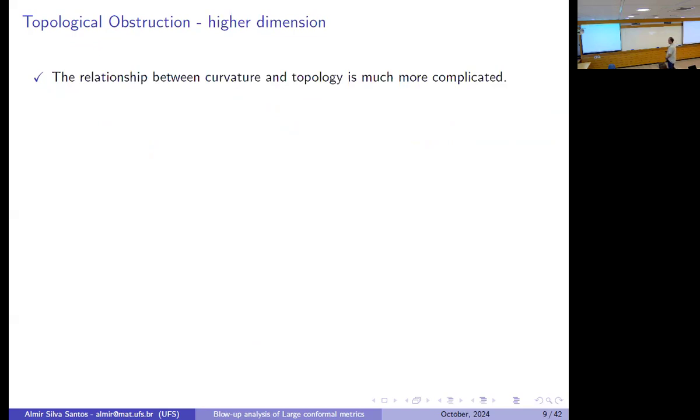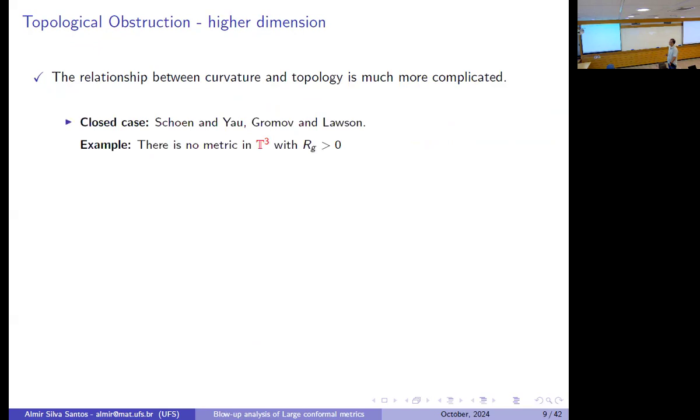In high dimension, the relationship between topology and geometry is very different. It's difficult to identify this relationship, but there are a lot of papers which study this case. For example, Schoen-Yau and Gromov-Lawson studied this relationship, and they proved, for example, that on the torus of dimension 3, there is no metric with positive scalar curvature.